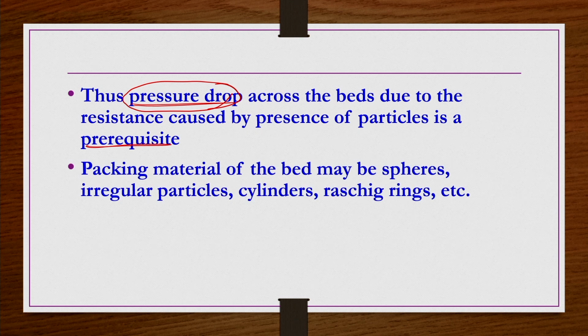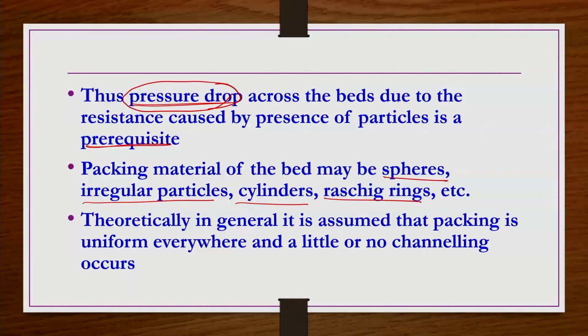Further, packing materials in general can be spheres, irregular crushed particles, small cylindrical particles, or small Raschig rings, etc. They can be anything. Usually spheres, cylinders or crushed glass particles are used as packing material, right.